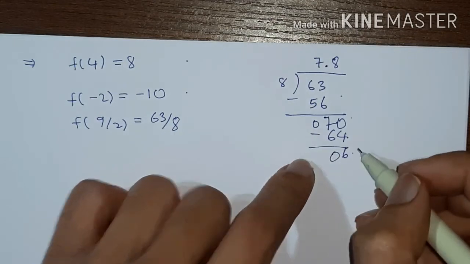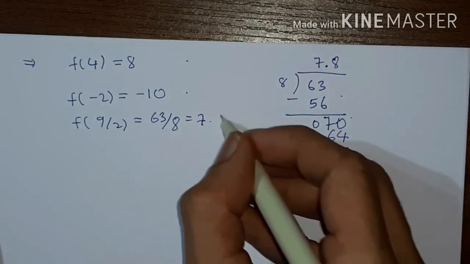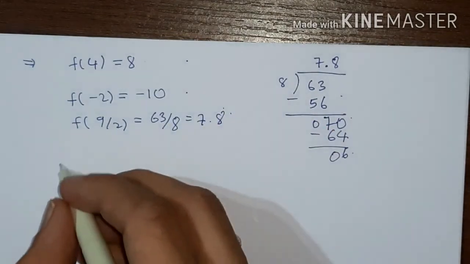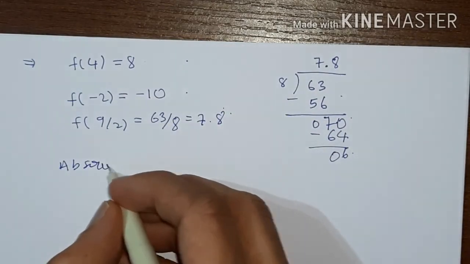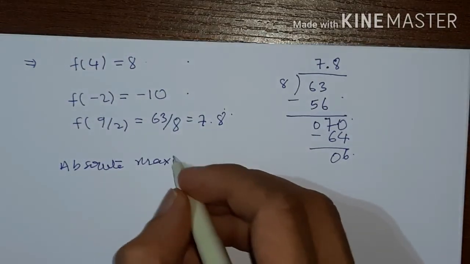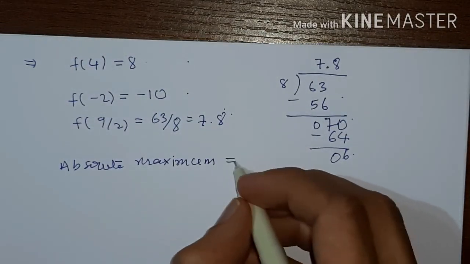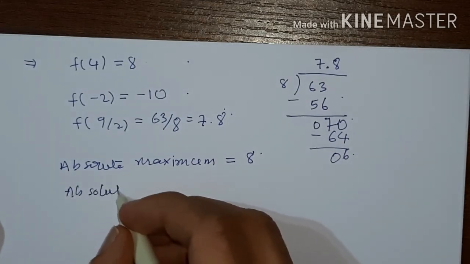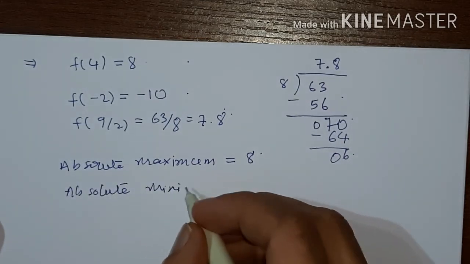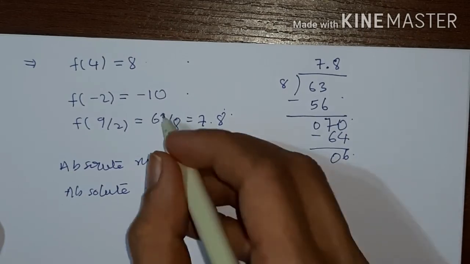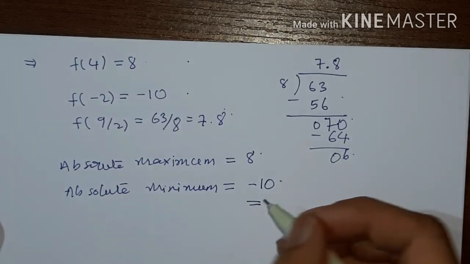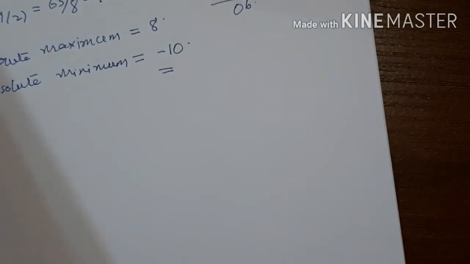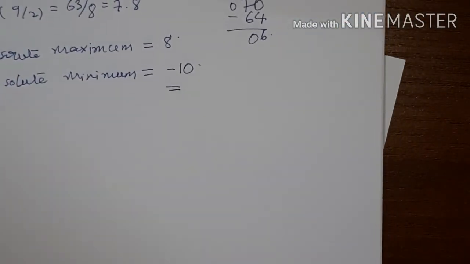Now you are getting 7.8, right, which is less than 8. Okay, so the absolute maximum is what? It is 8, and absolute minimum is equal to minus 10. Okay, so that was the solution of the problem 3rd of 5th.